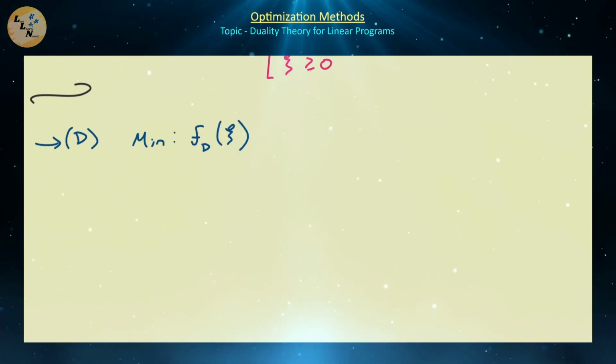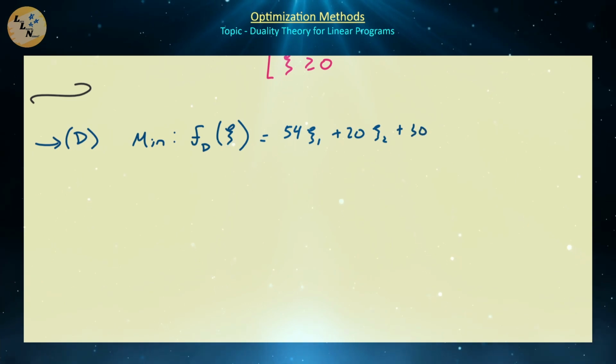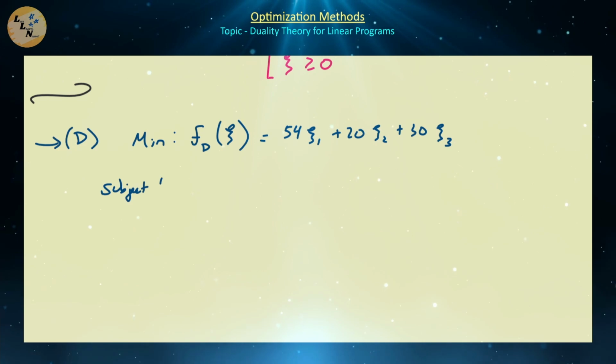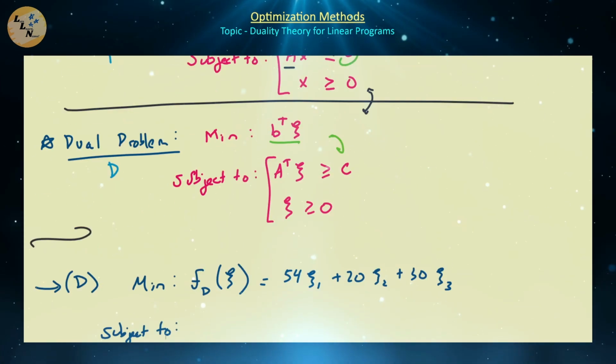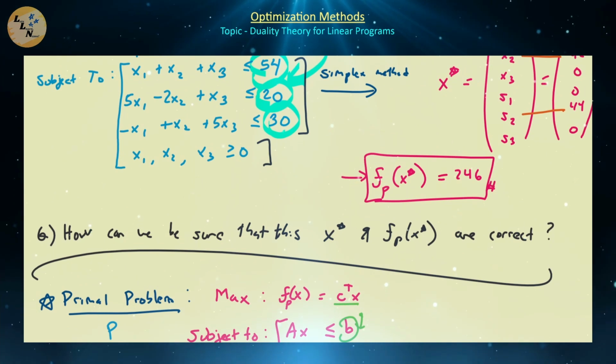So let's just write that out. That's going to come out to 54 psi1 plus 20 psi2 plus 30 psi3, and it's possible that we may need some slack variables if we desire to write the dual in standard form, for example. Subject to, so now we're going to be taking the transpose of our coefficients. So in our first row we had 1, 1, and 1.